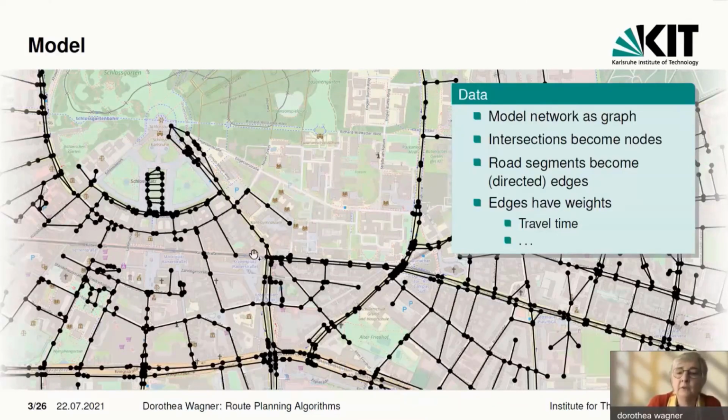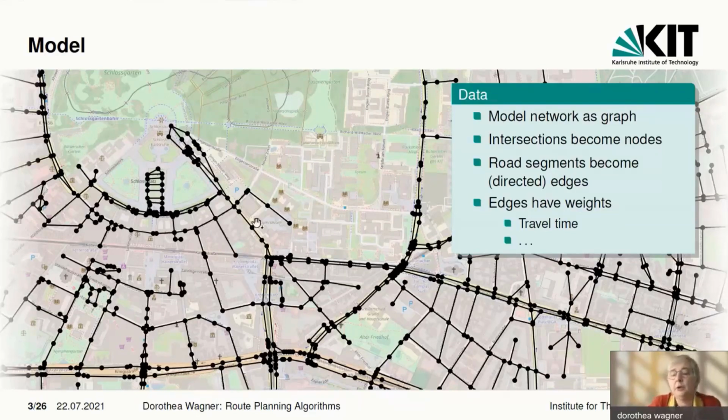The street intersections become vertices or nodes, and road segments become edges, typically directed edges, although in this example I leave out the directions. And then we have edge weights, which usually are the travel time, the time it takes to travel from this point to this point along this road segment.